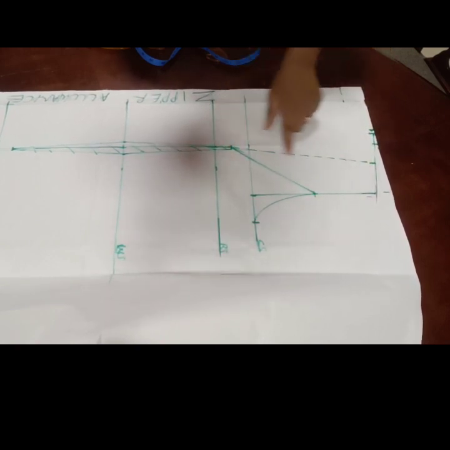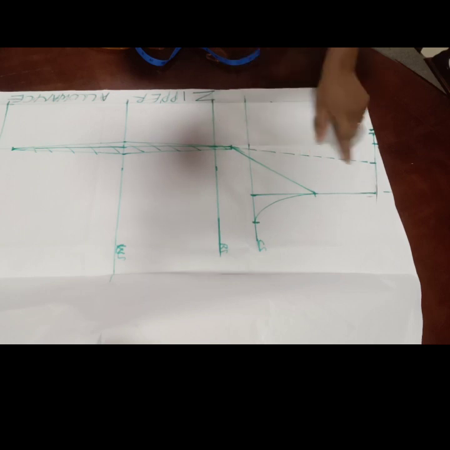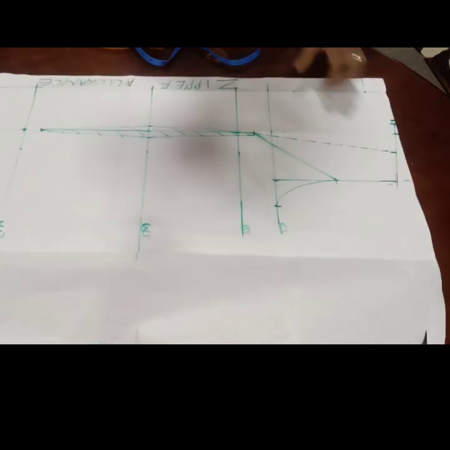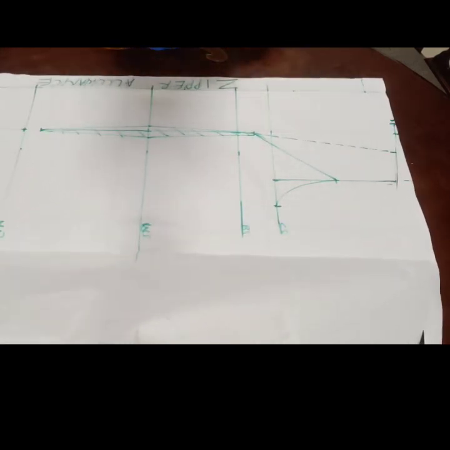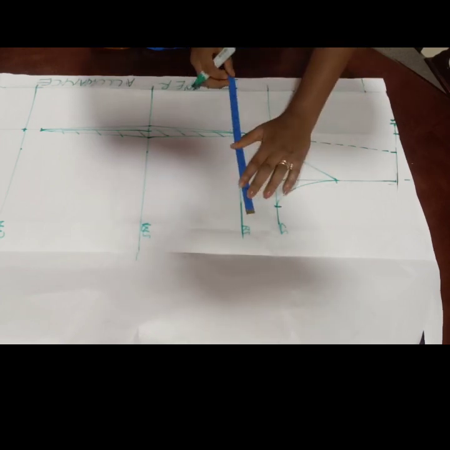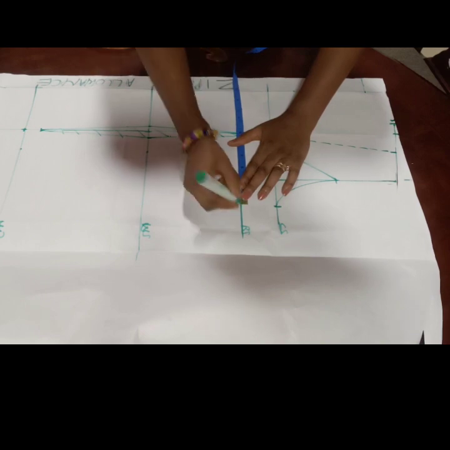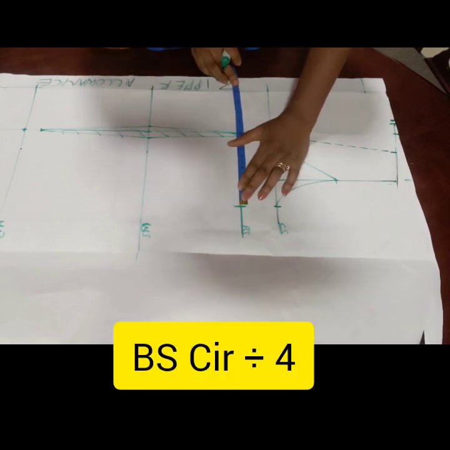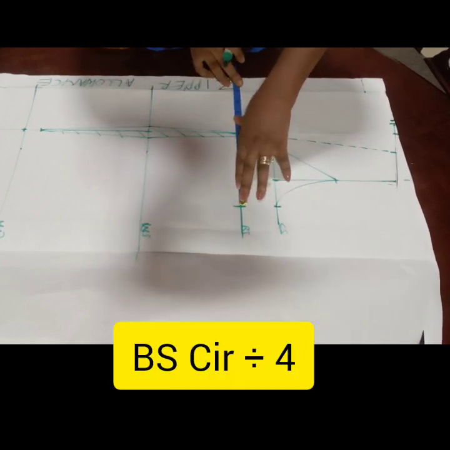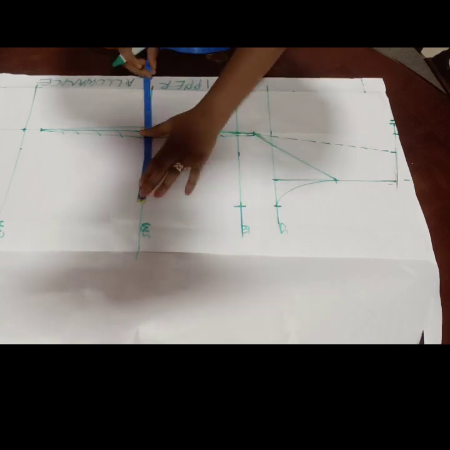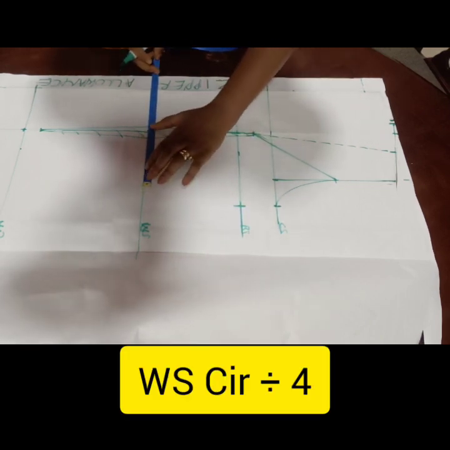Okay, so I think I'll be making use of this one. And then just go ahead and input the bust circumference divided by 4 on fabric. That is where I'm going to be adding my allowances. Then the waist circumference divided by 4.